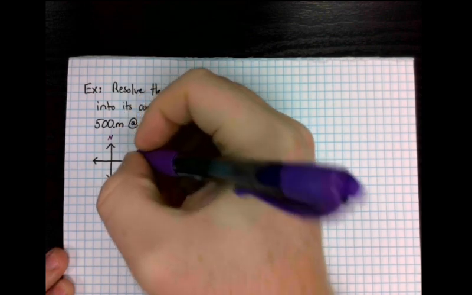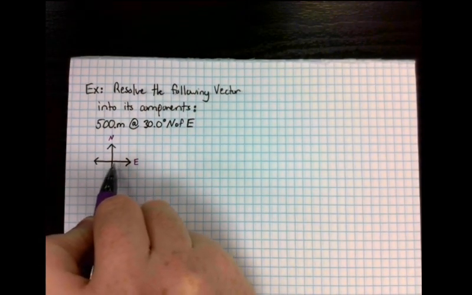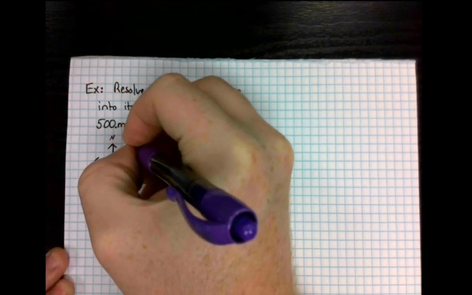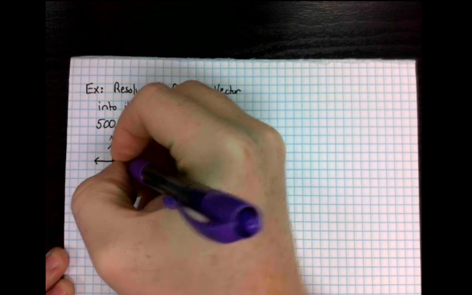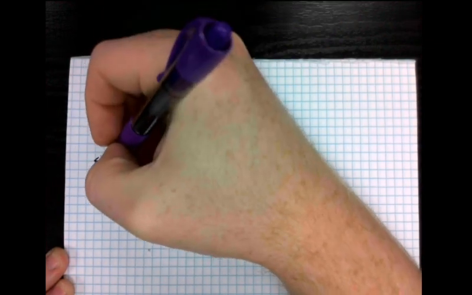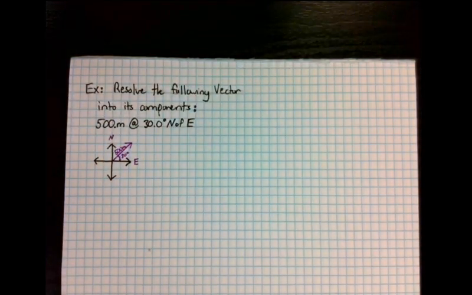East is over here. So if we start from the east line, from this line that is east, we're going to go up from there, and this will be 30 degrees. And this will be 500 meters. So that just gives us an idea.